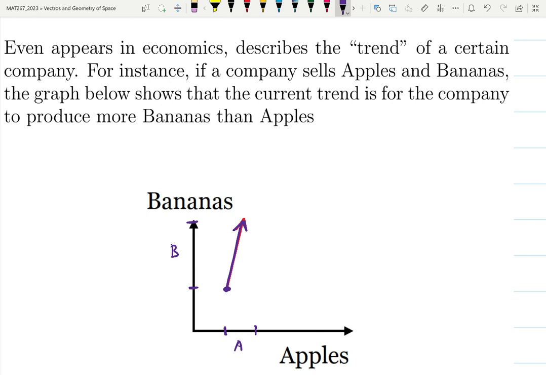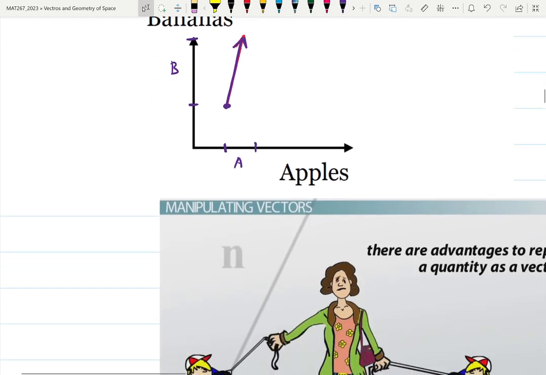Do you see that? If it's exactly like so, it will be equal bananas and apples. If it's like so, no bananas were sold, just apples. So this represents a trend in business as well. This is a current trend for the company to produce more bananas than apples. Make sense? So that's how the tilt tells you about that. The slope, which we're going to talk about soon.